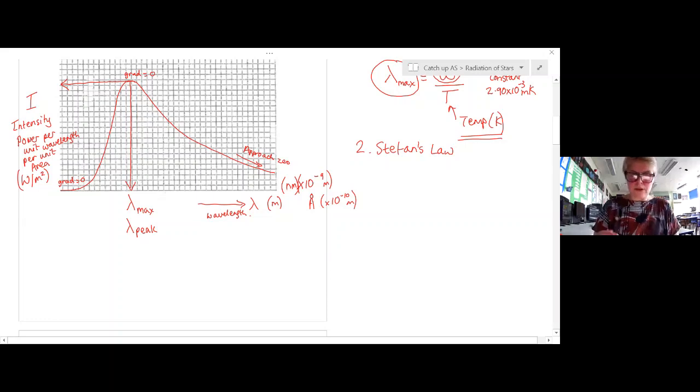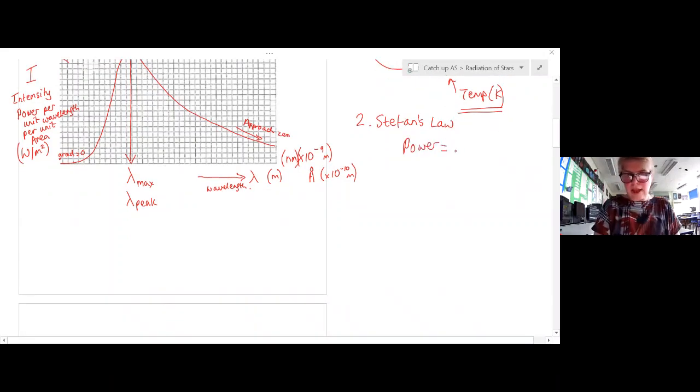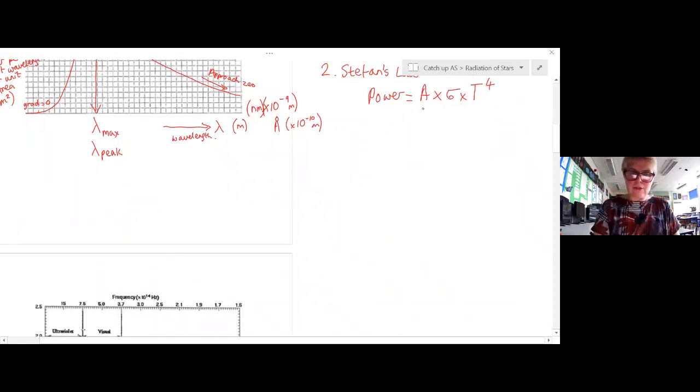So we can write Stefan's law as power equals area A times Stefan's constant sigma times T to the power of 4, where A here is the surface area of the star.